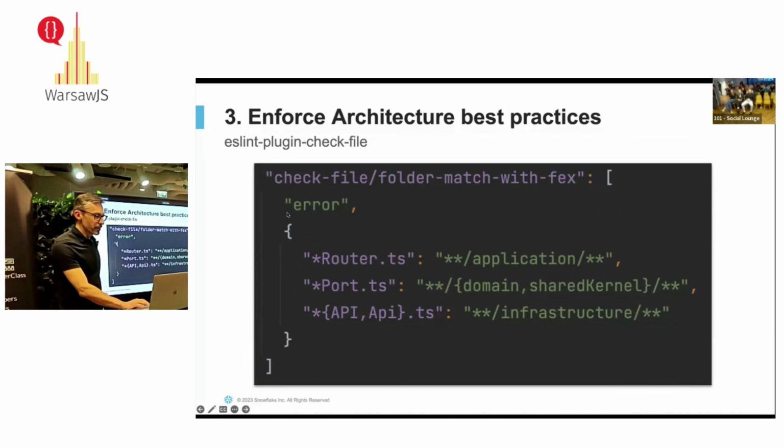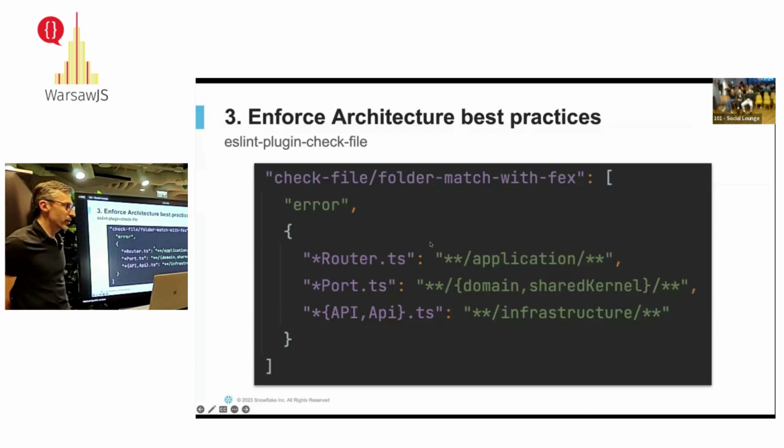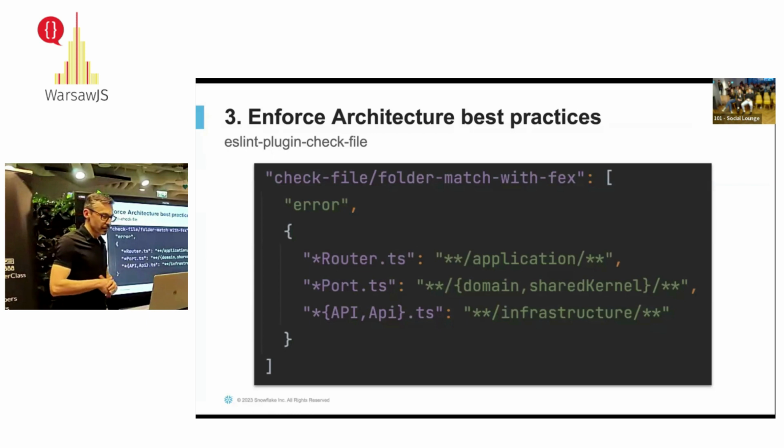So our rules were that, for example, the file with prefix router can only be created in the application folder, and file with prefix port should go to domain or shared kernel, and API should go into infrastructure. Right? So a simple rule, and it can enforce that people put files in good places and will not be doing some kind of mess.